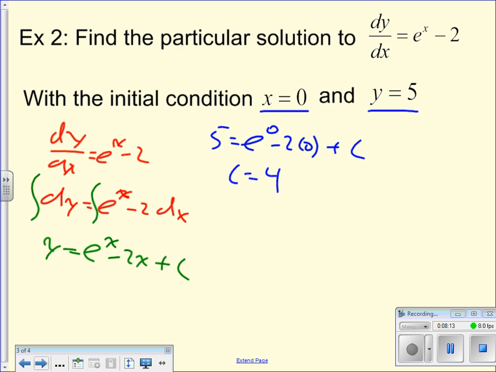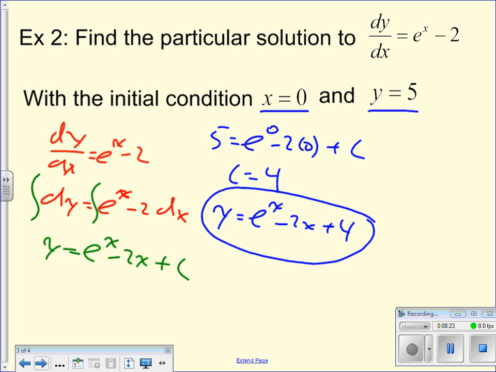Okay. So this is my general. My specific answer would be y equals e to the x minus 2x plus 4. That is the specific solution. The specific antiderivative that passes through the coordinate (0, 5). Okay. Fairly simple.